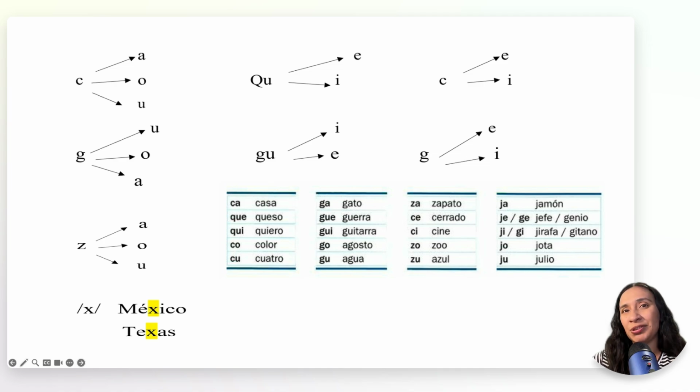We say sapato, right? So basically, when we have sa, so, su, we are gonna say the S, like if you had an S, right? So, sa, zapato, sapo.